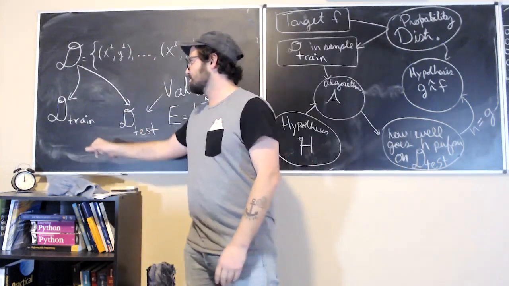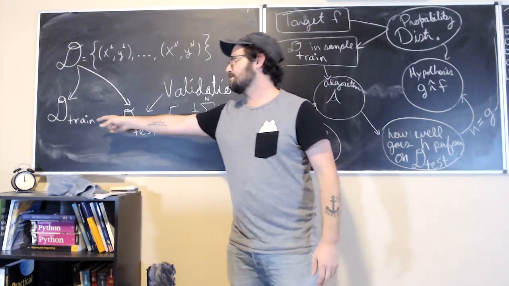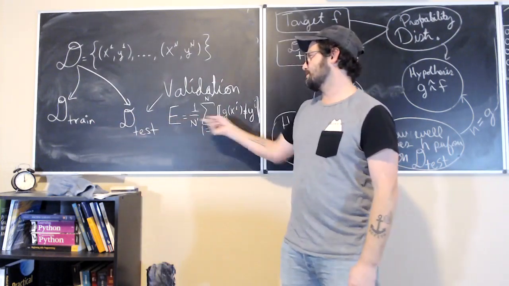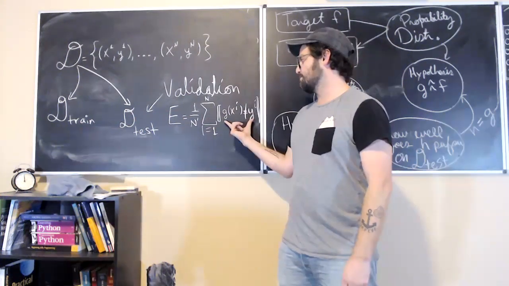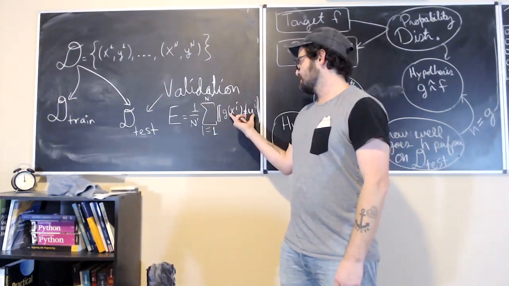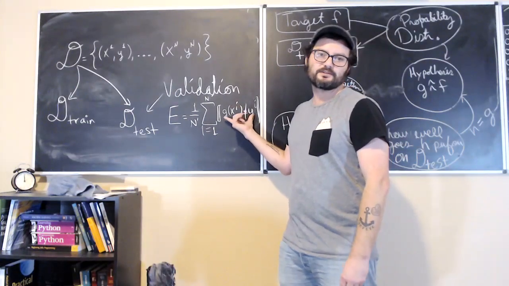Well, split your data set, train on this one, and then test on that one, and this is your error. And again, that's that Boolean function here. If that's true, then it's a 1. If it's false, it's a 0.